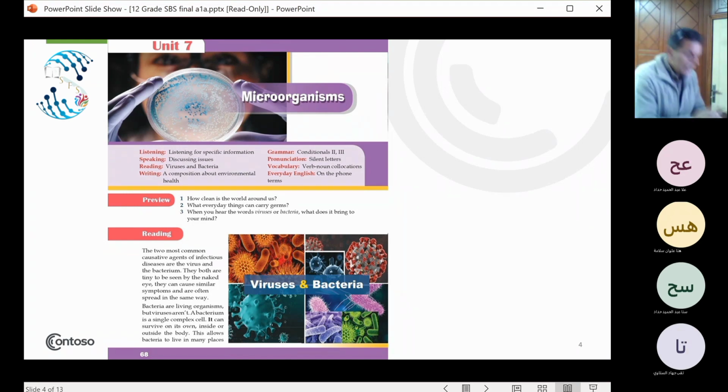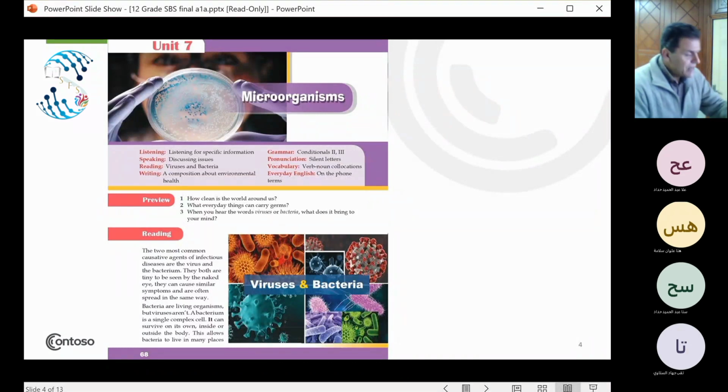A bacterium is a single complex cell. It can survive. It can live on its own, inside or outside the body. Here, as you can notice, we have a word, it, written in bold. What does it refer to?